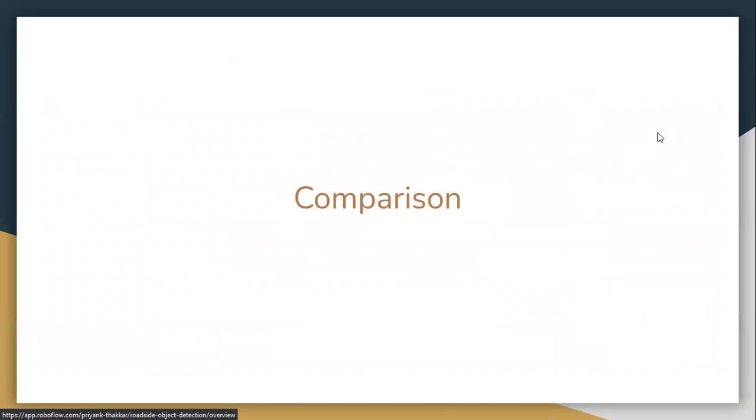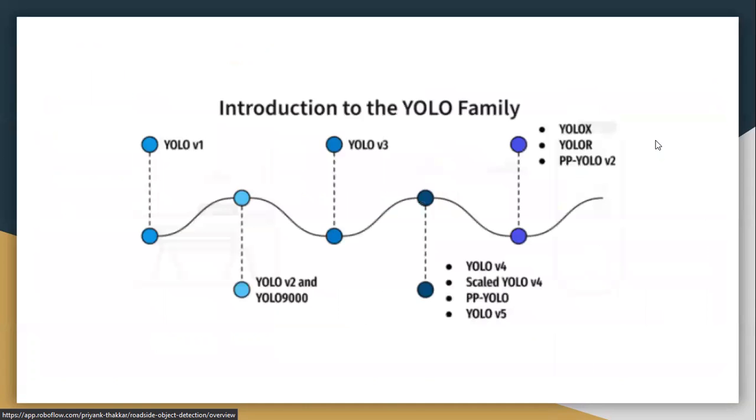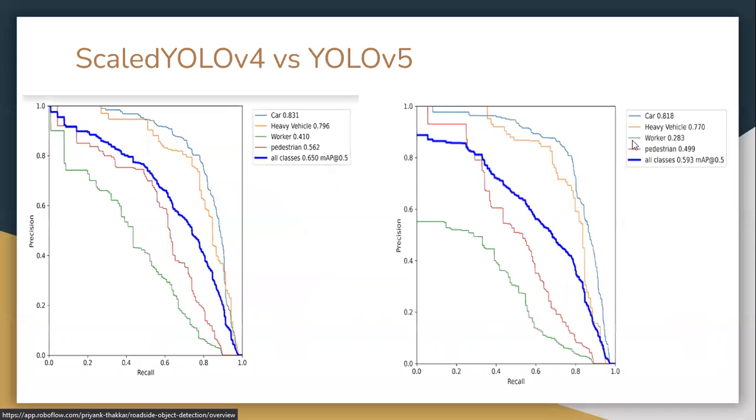Now, as we know the basics of these particular models and their structures, let's compare our models. Over here, all our models fall into the same category, with almost the same accuracy. As we go to the left, YOLO V1, V2, and V3 give good speed, but not so good accuracy.